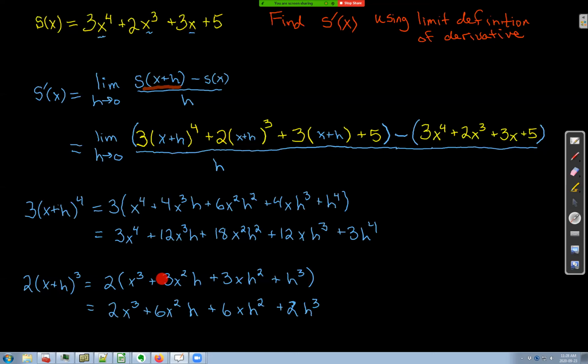And so everything in the parentheses gets multiplied by 2 and you wind up with that. So what I'm going to do next is rewrite this limit. But now when I rewrite this limit, these things are going to be expanded. And we'll see if that fits on the screen or not. I'll try my best.